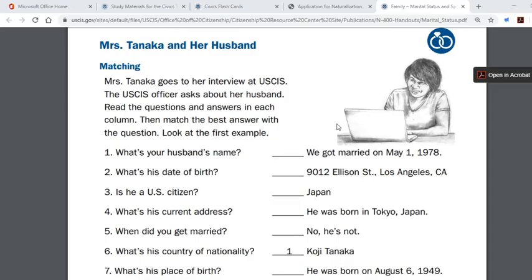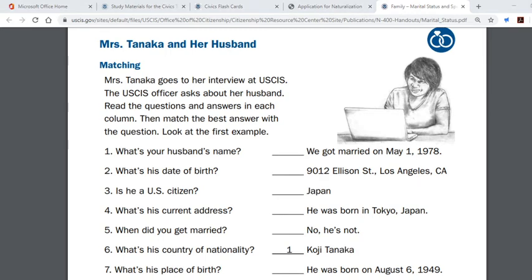Okay, so please read the story and match the numbers to the statements, okay?